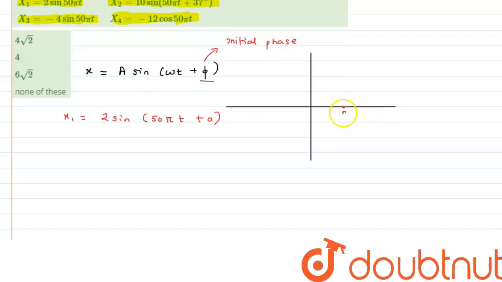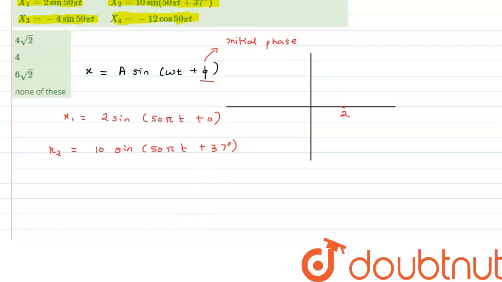Similarly, the displacement equation for the second particle is x2 as 10 sine of 50 pi t plus 37 degree. So its initial phase is 37 degree.